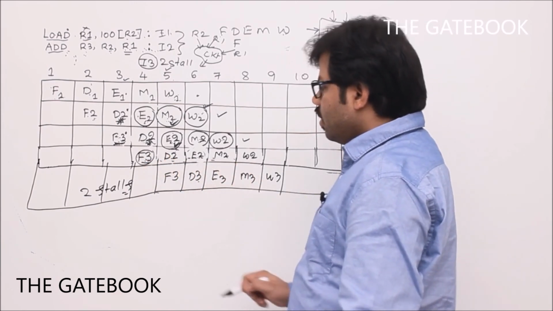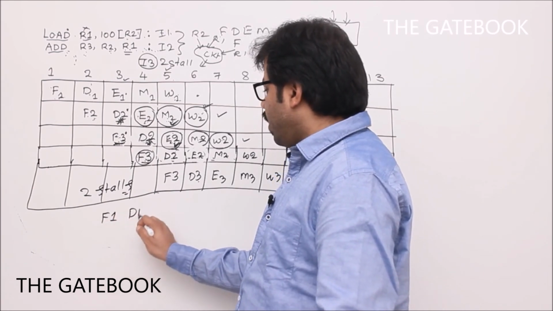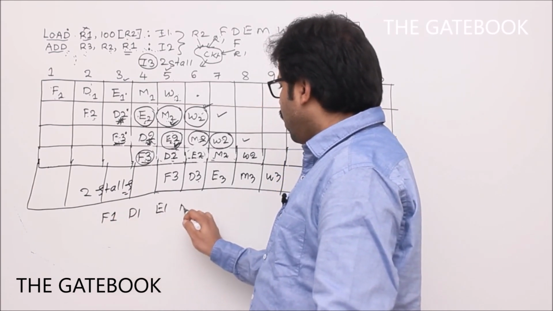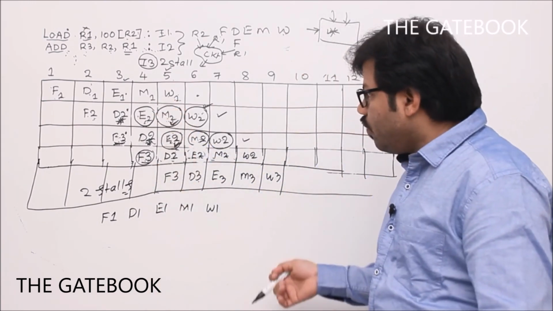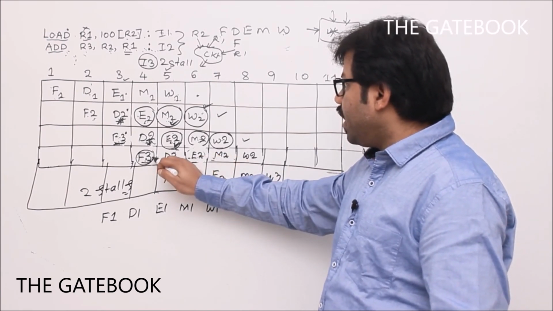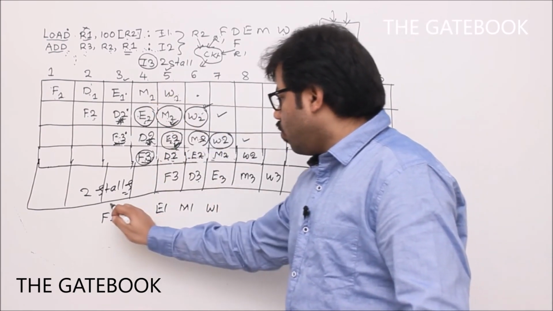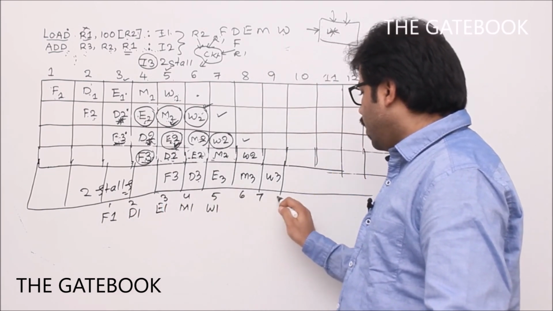So from now onwards, I write like this as a shortcut: F1, D1, E1, M1, W1. This is the reality. But effectively, if you see, this is the real execution of I2, which begins at the 4th clock cycle: 1, 2, 3, 4, 5, 6, 7, 8, 9.